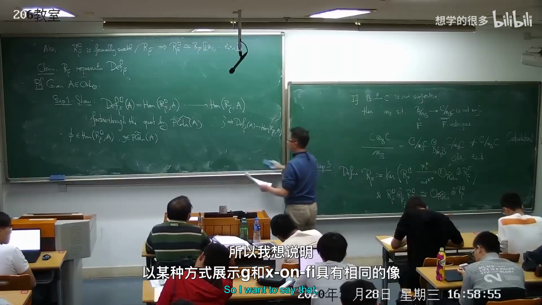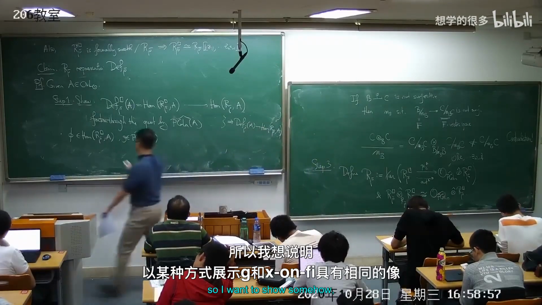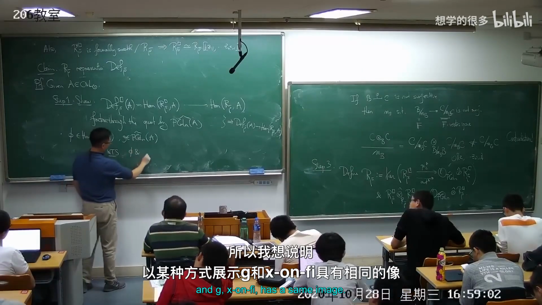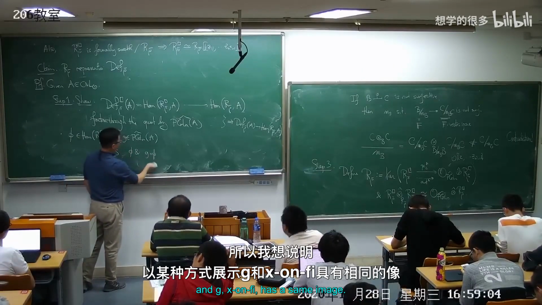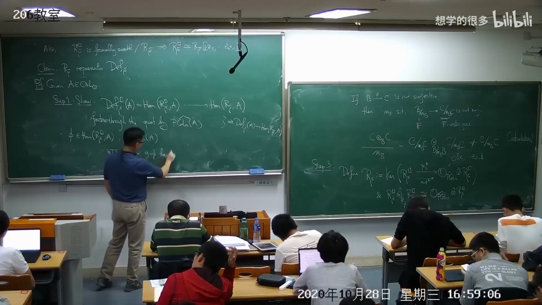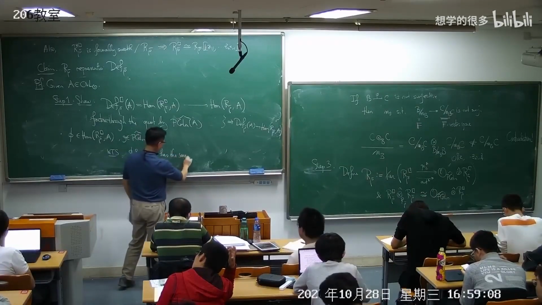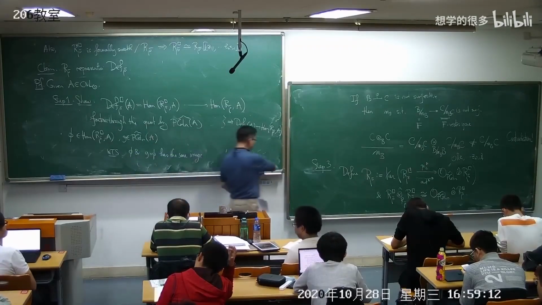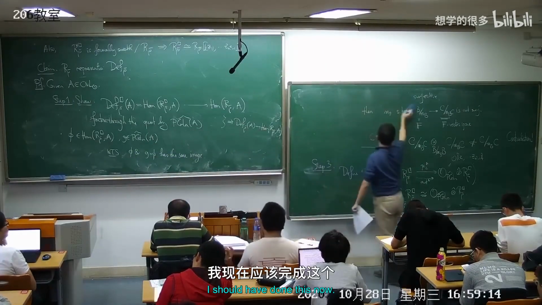So I want to show somehow phi and g acting on phi have the same image.